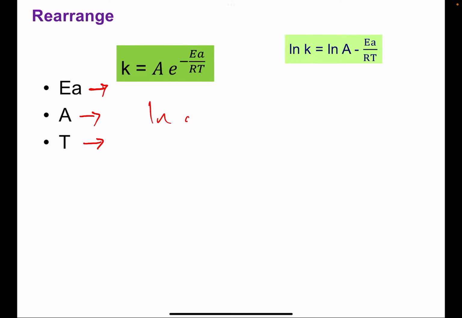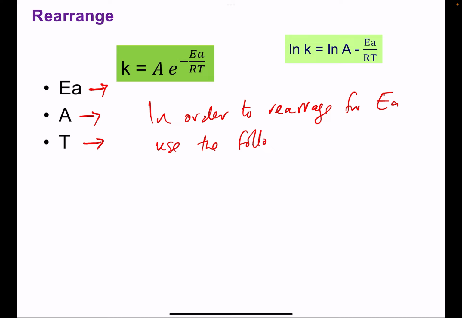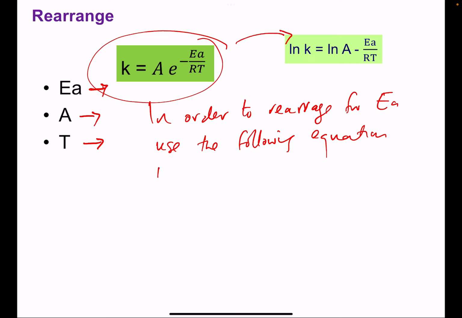So in order to rearrange for Ea, use the following equation. You have to rearrange this equation into this format: natural log of k equals natural log of A minus Ea over RT.